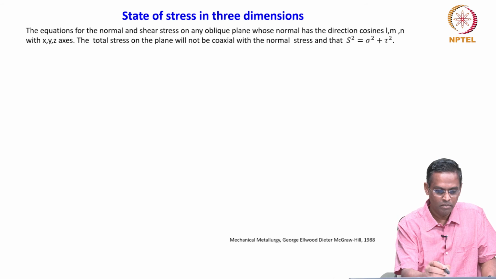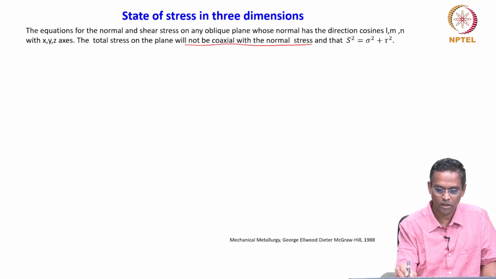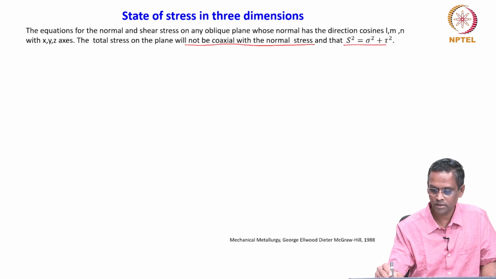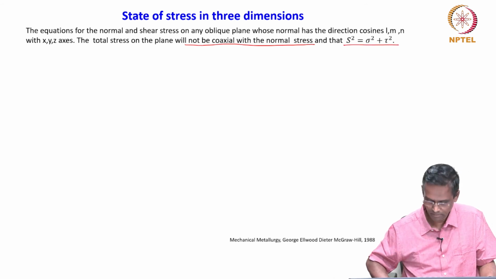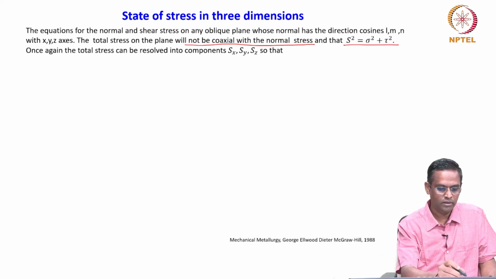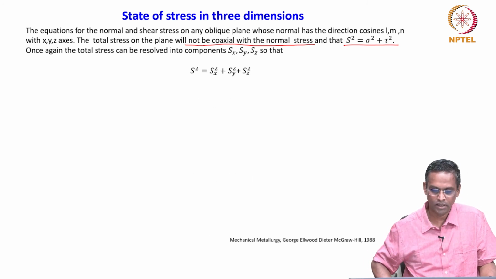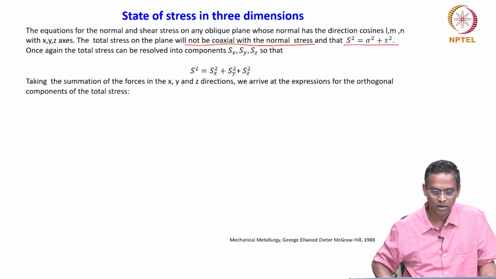One thing we have to remember here is that the total stress on the plane will not be coaxial with the normal stress. Once again we try to resolve these components in order to find the normal and shear stress. This exercise we have done already, but in 3 dimensions you have one more extra term here.